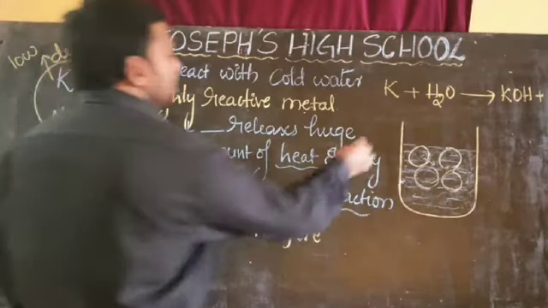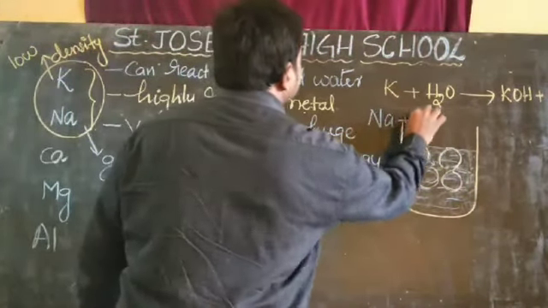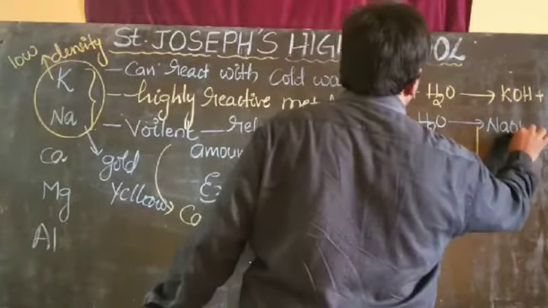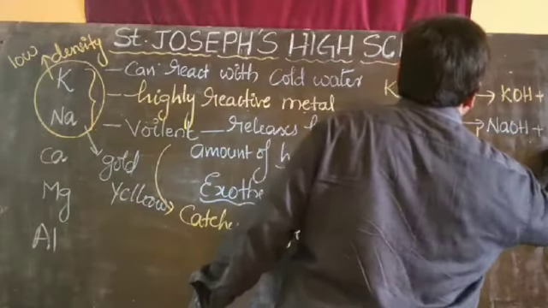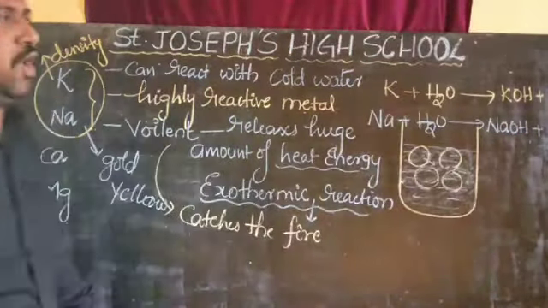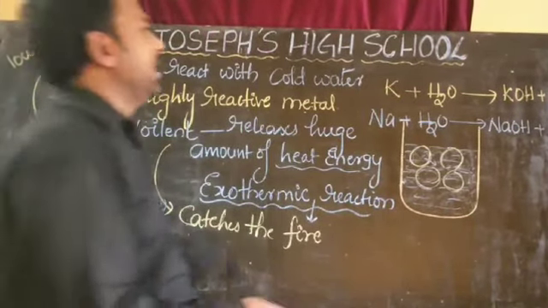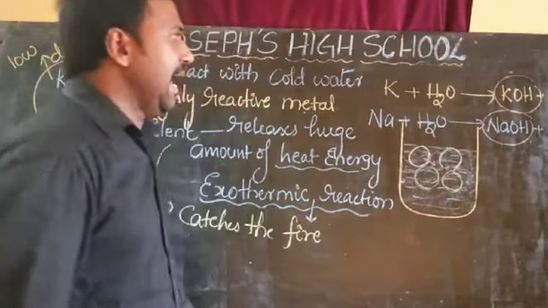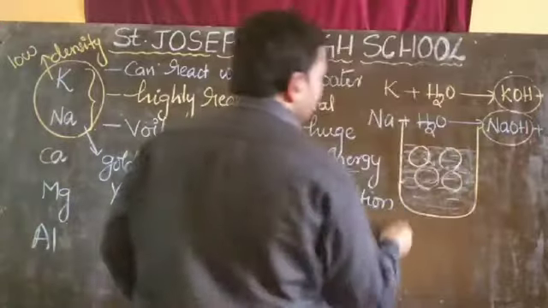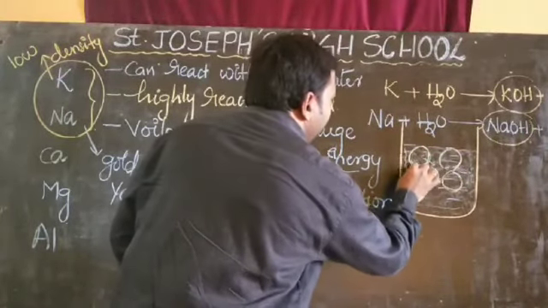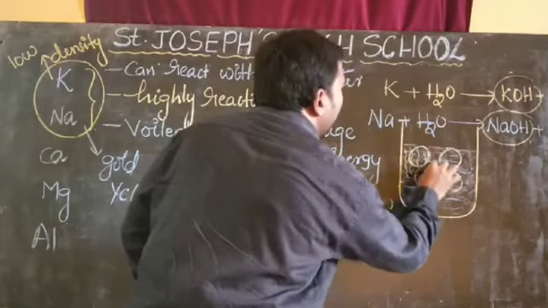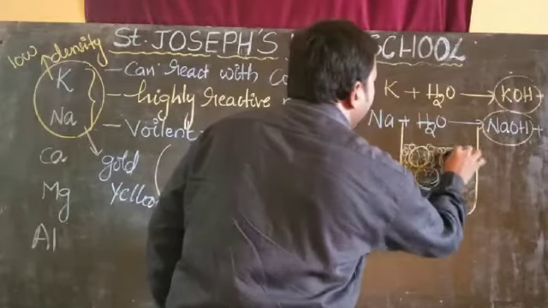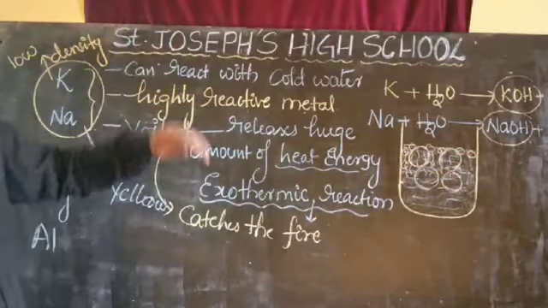If you observe, when sodium reacts with water, it gives sodium hydroxide and also releases hydrogen gas. Potassium hydroxide and sodium hydroxide are basic in nature. These are the solutions, and hydrogen is a gas. Whatever gas evolves in the form of bubbles will move upward and settle on the surface of the solution.